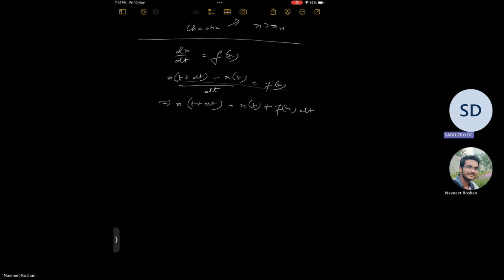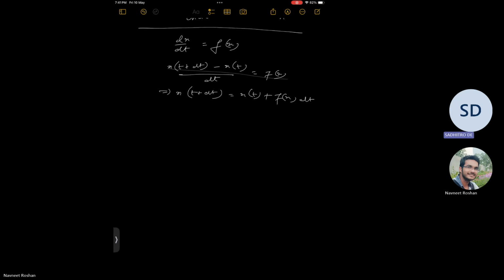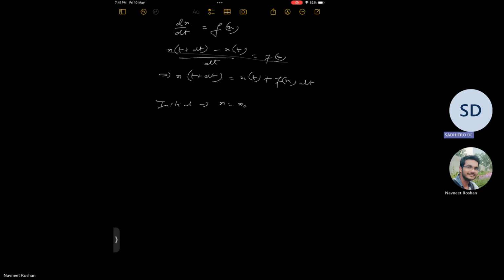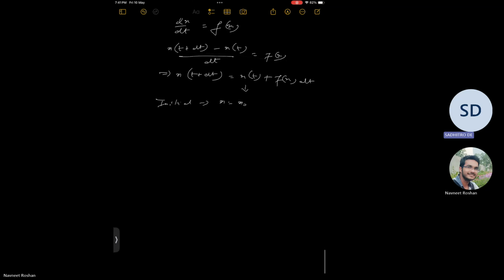Now this basically means that if we are given an initial condition x equal to x0, then we have to iteratively solve the equation. We solve the right hand side for x0 to get x1, then we solve the right hand side for x1 to get x2, and so on. So this is what we do on a computer.